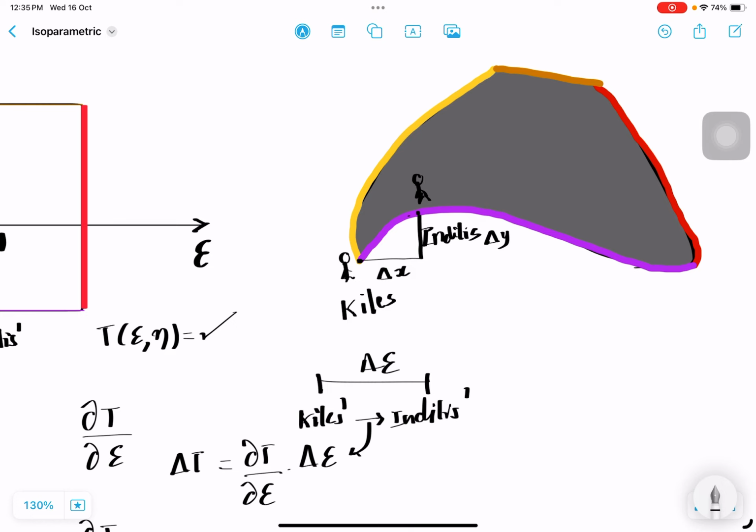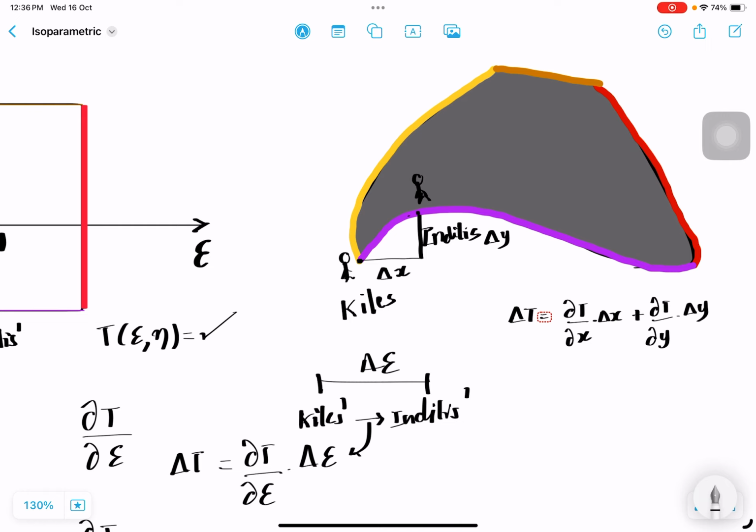Then the total change in temperature should be the gradient dou T by dou x into del x, the difference in temperature because Jack has traveled a distance del x, plus dou T by dou y into del y, since he also travels a distance along the y direction.